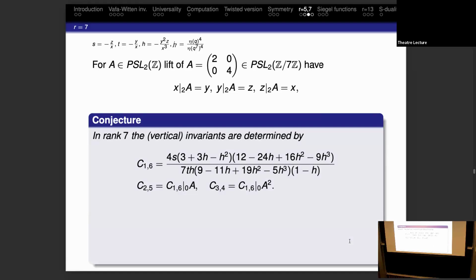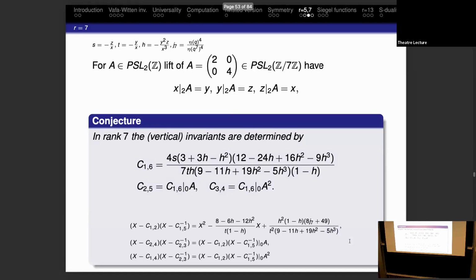And first, when i plus j is 7, we get this thing. It looks kind of complicated, but it could be arbitrarily more complicated. And then we have this. Okay, so one maybe cannot see very much. The thing which is kind of interesting is that in the denominators there are some repetitions.